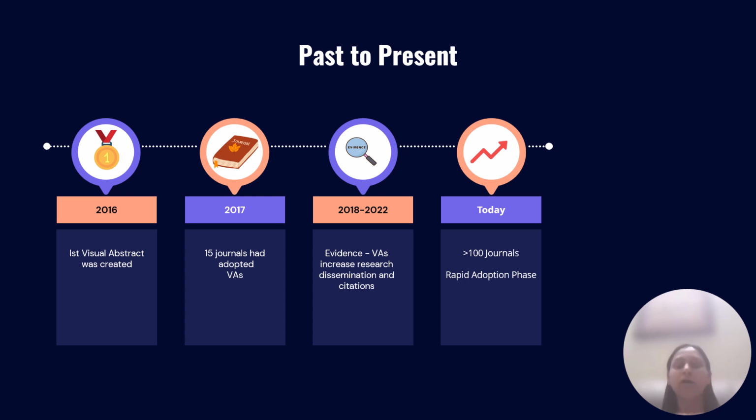So today we are in the rapid adoption stage. More than 100 journals have been adopting graphical abstracts or visual abstracts. The last I counted, it was around 113, and it is continuing to grow as well. So this is where we stand today with respect to visual abstract.